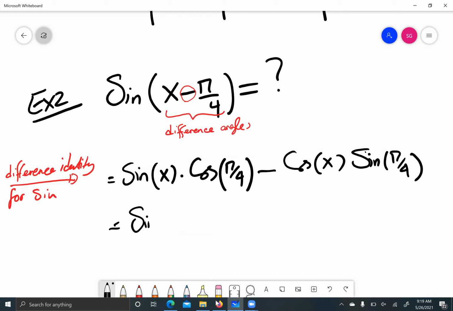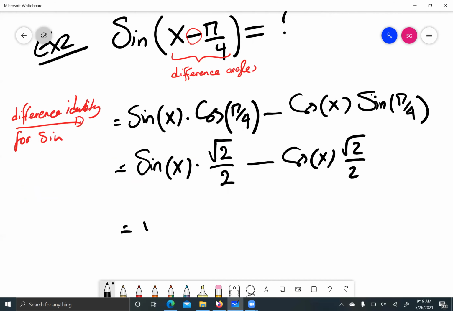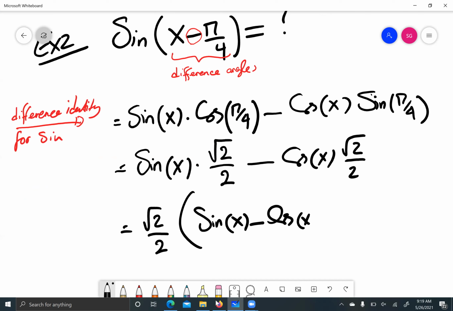So now, because we know the sine and cosine of pi over 4, we can evaluate them. Cosine of pi over 4 is the square root of 2 over 2. Sine of pi over 4 is also square root of 2 over 2. That's it. But if you'd like to simplify it, you can also factor out a square root of 2 over 2. From the first, you end up with sine of x. From the second, you end up with cosine of x.